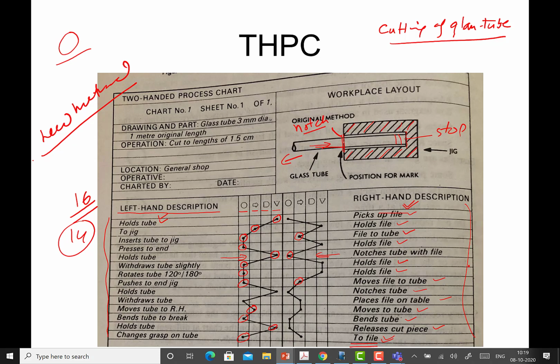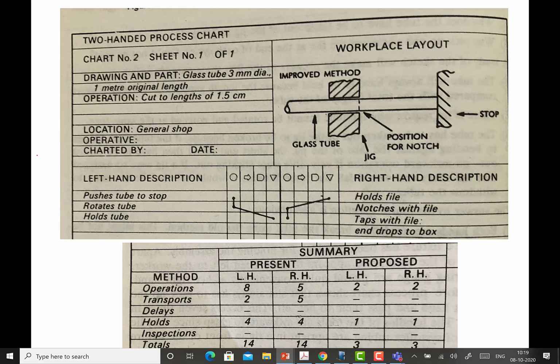The new method takes the form of redesigning the jig, or identifying newer steps which can be used for the same job of cutting the tube to the desired length. So the jig is redesigned.